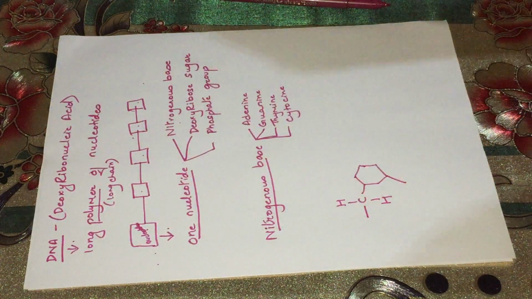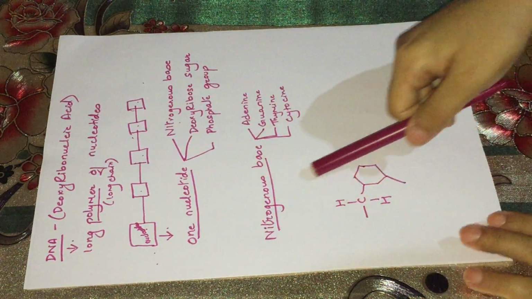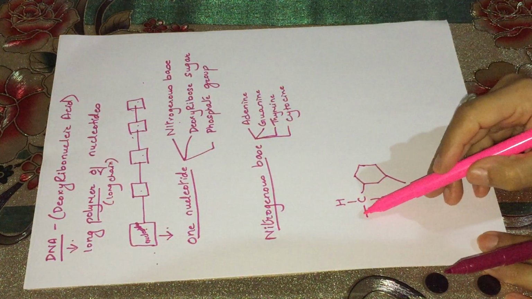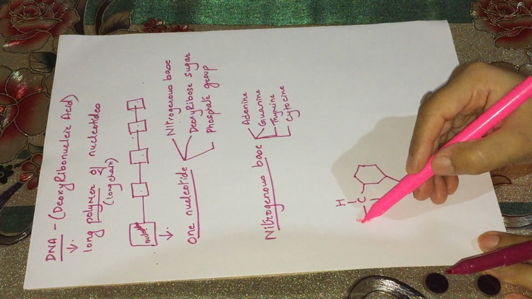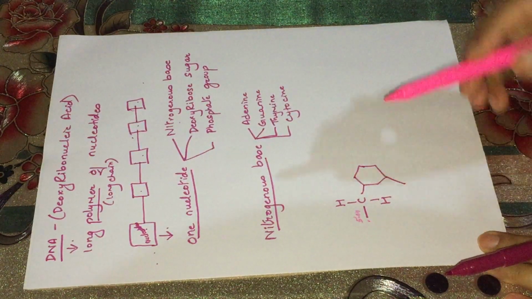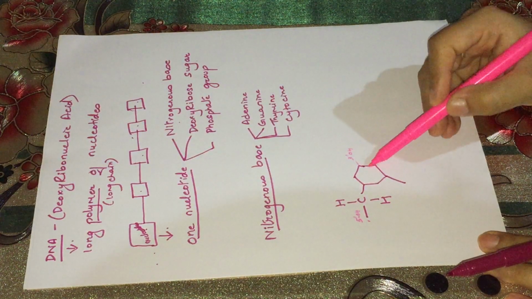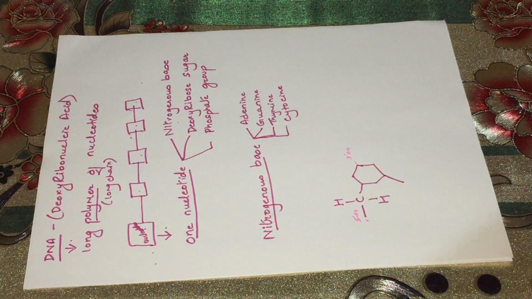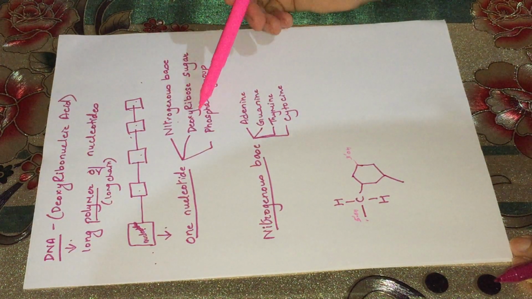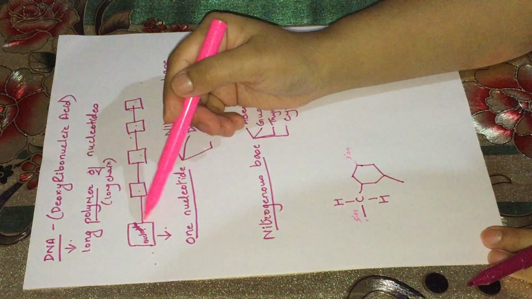Now see, I'm drawing only one particular nucleotide. If this is a pentose sugar, then this is the 5 dash OH group, and here is the 3 dash OH group of the pentose sugar. Now see how the nitrogenous base, deoxyribose sugar and phosphate group are placed in one nucleotide.